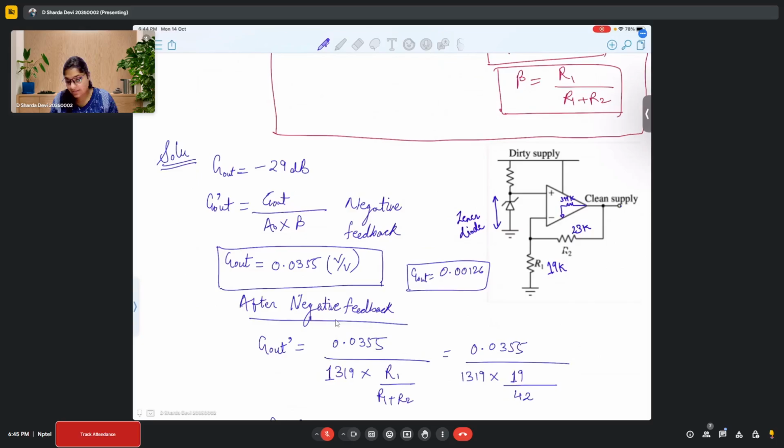I'm getting the same 0.0355. Okay. One student got 0.0355, one student got 0.00126. What about others?